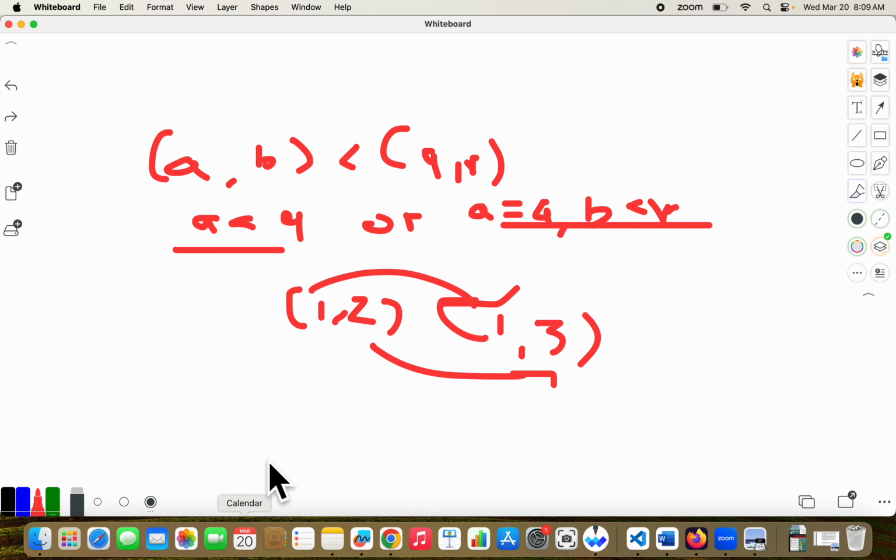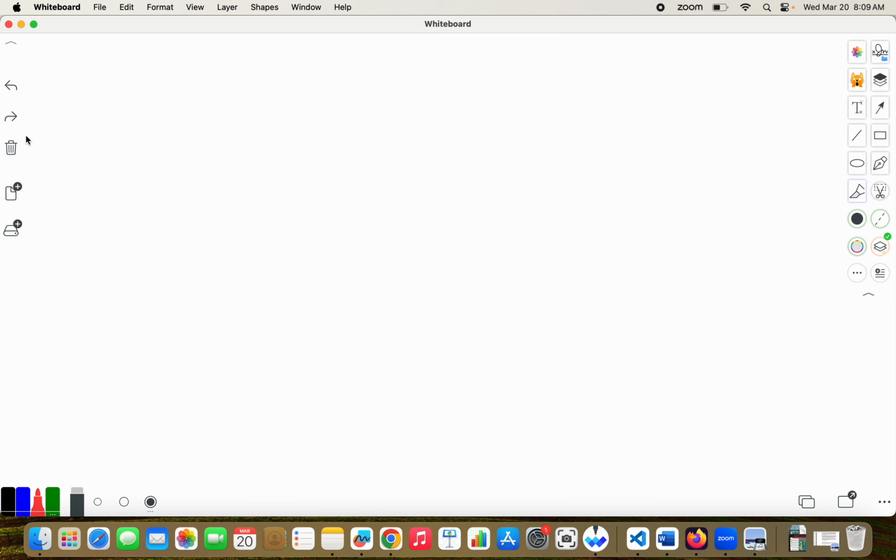And equality holds when both of them are equal. So in this situation, this works. Then this is an ordered set.